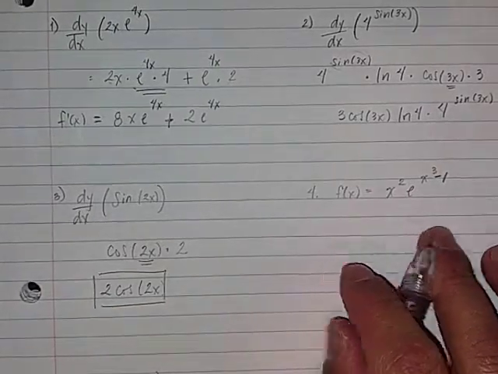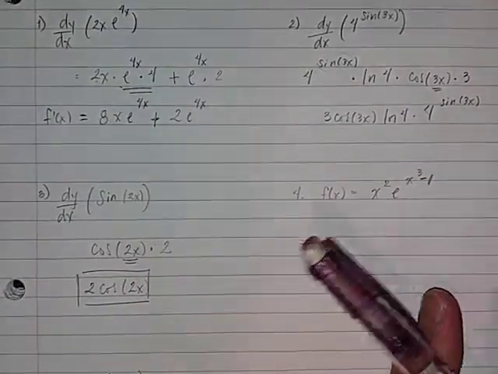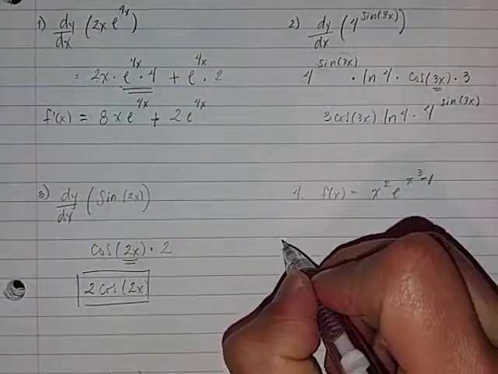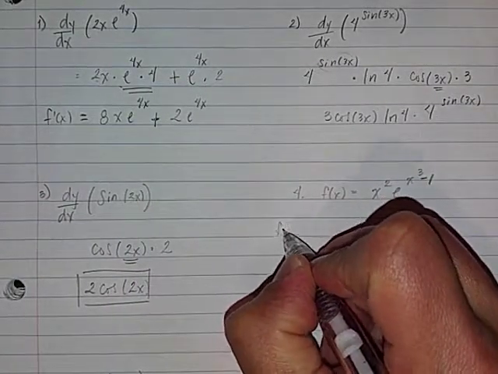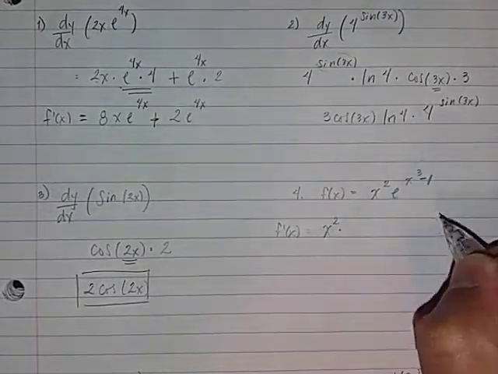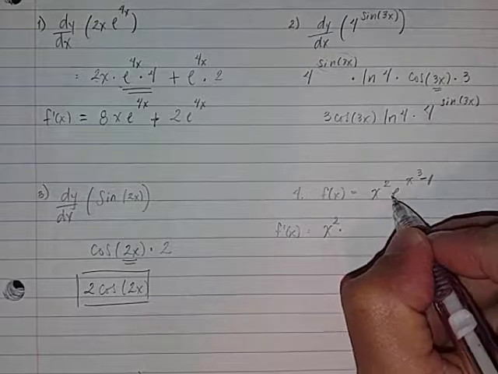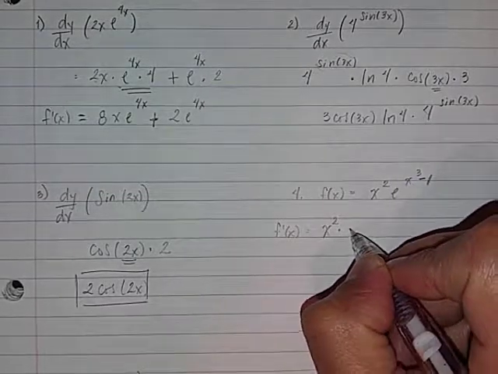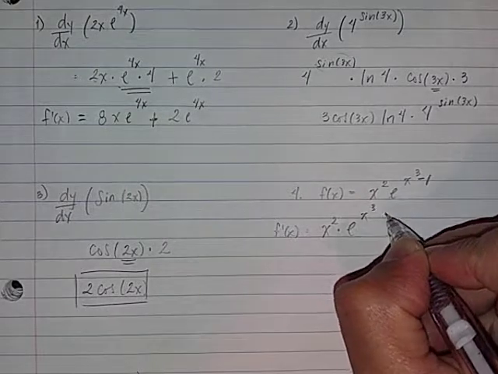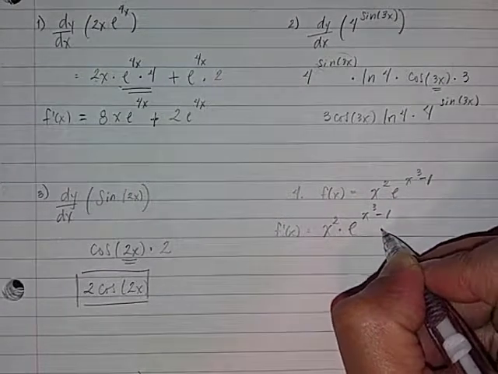For the following one, if you notice here, product rule: you have a function x squared times another one, e to the x cubed minus 1. So we're going to use f prime of x is equal to the first times the derivative of the second. The derivative of e to the x is just the same thing, so it's e to the x cubed minus 1.